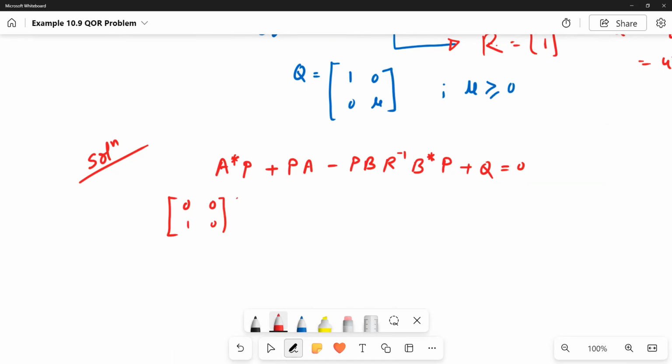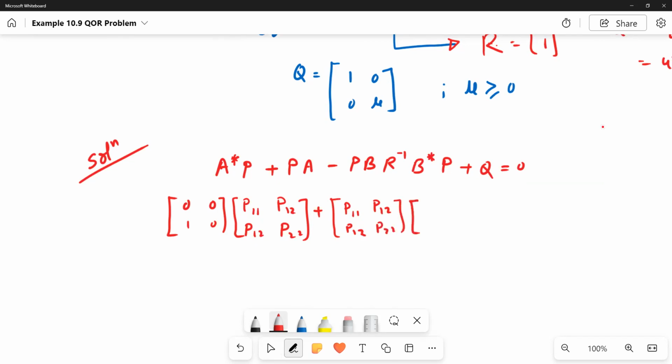Then you have the P matrix, which is yet to be figured out, but we can have 4 components because the matrix dimension has to be matched. So we can assume that it will be P11, P12, and since it is a symmetrical matrix, P21 will be also same as P12, and then P22. And then P11, P12, P12, P22.